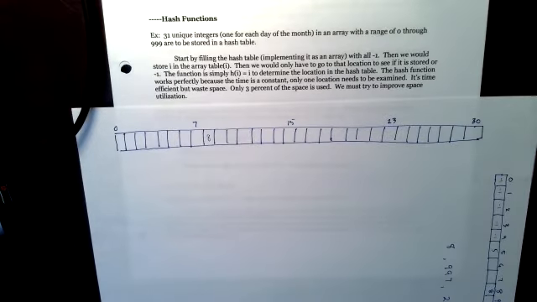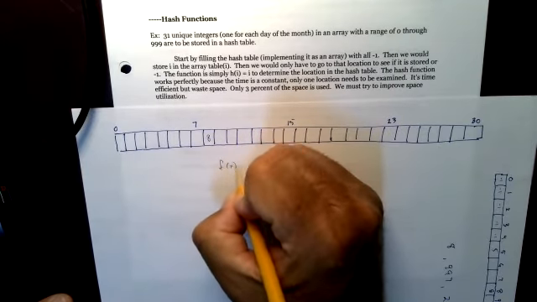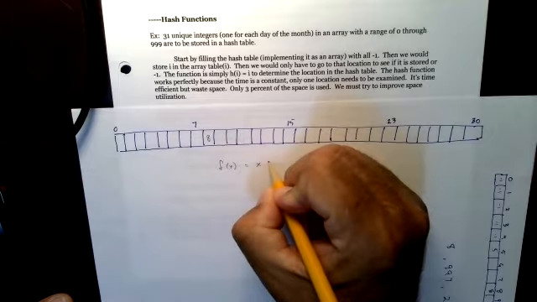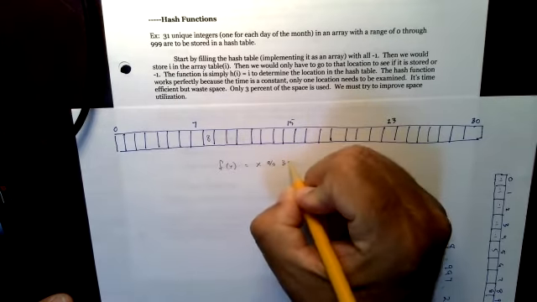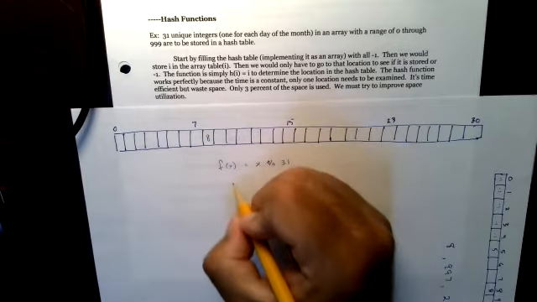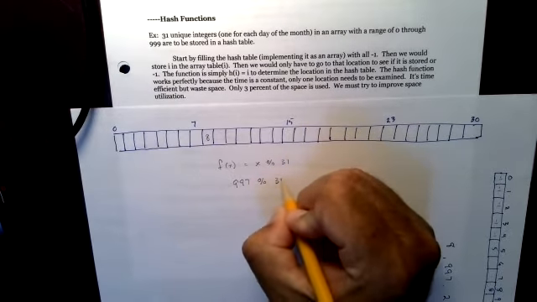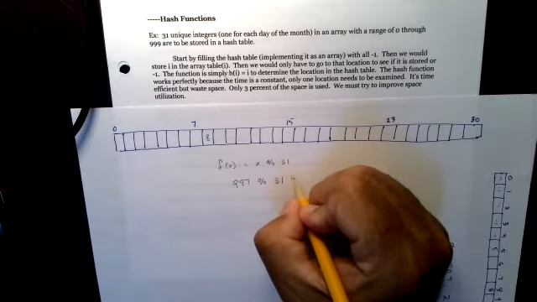Could I mod it by 30? Yeah, you can mod it. And this time I'm going to use a hash function of f of x equals x mod 31. So now if I said 997 mod 31, what does that equal?